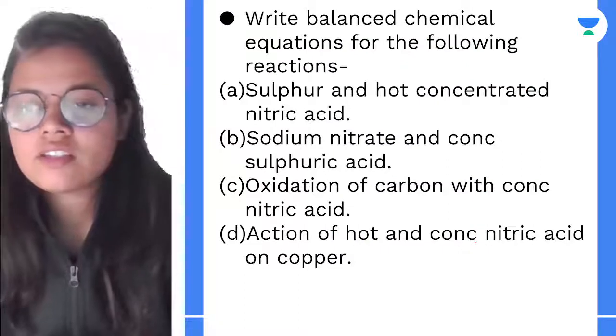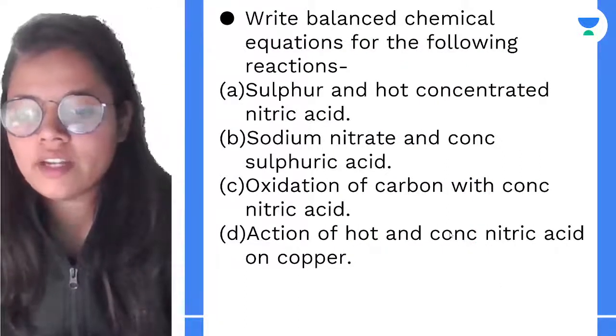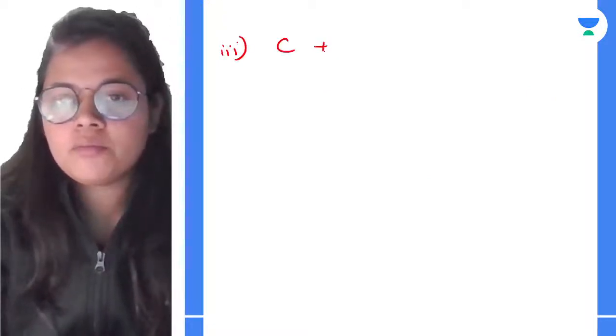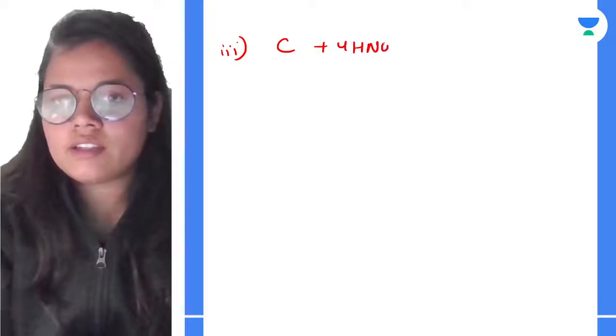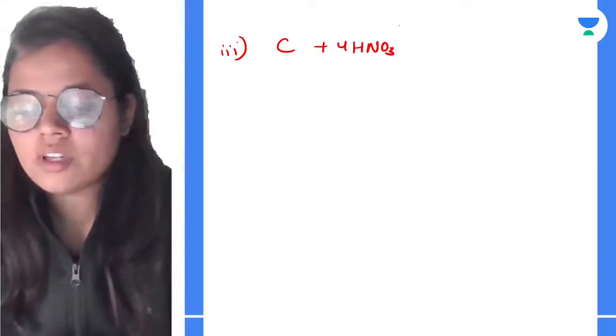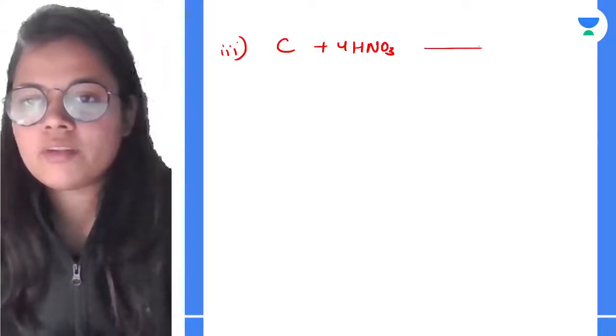Next is oxidation of carbon with concentrated nitric acid. On oxidation, what happens? We have taken carbon plus nitric acid. Now tell me what products will be formed.